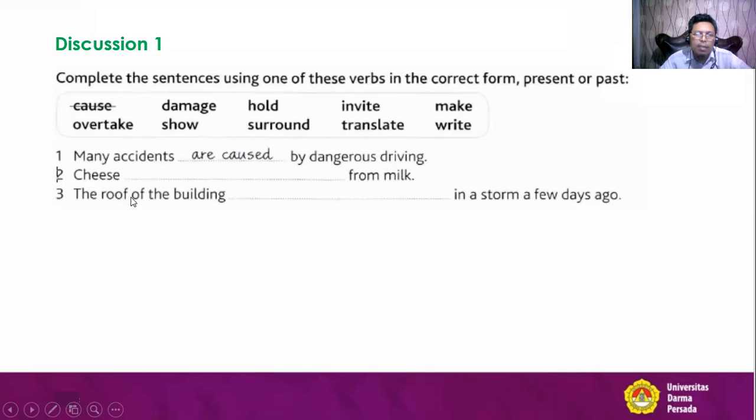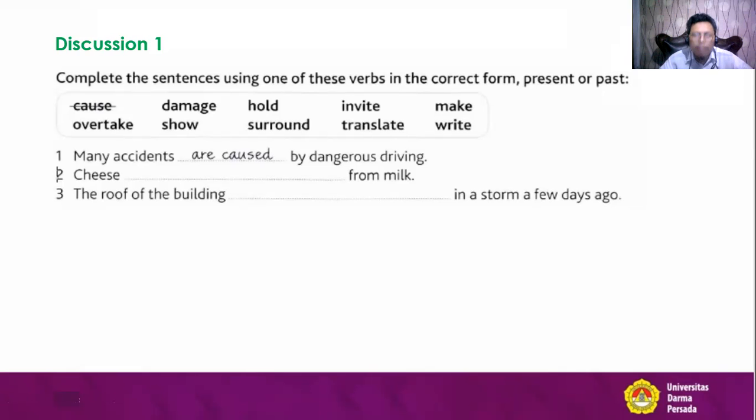Now the roof of the building, and after that we have passive, so the combination of to be and then participle. The roof of the building is supposed to be singular, but remember this is a few days ago, that must be in the past.